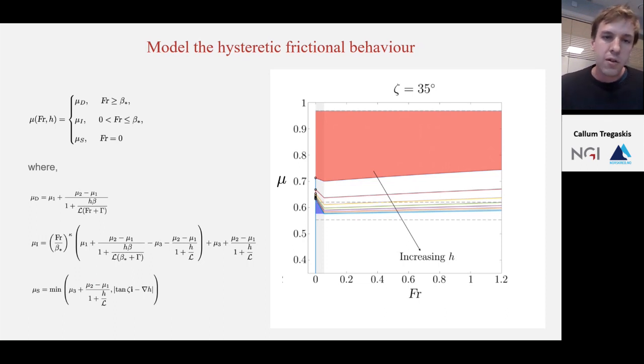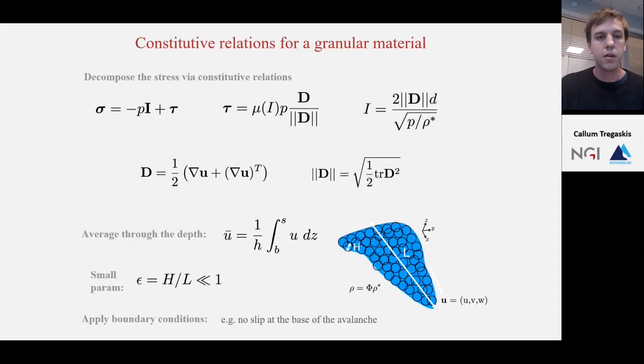And then we can use the elements from the mu of I rheology, which is this mu d, and also add in this transitioning behavior as an extra. This is going to give us a friction description that will match better what's happening for a realistic granular flow.